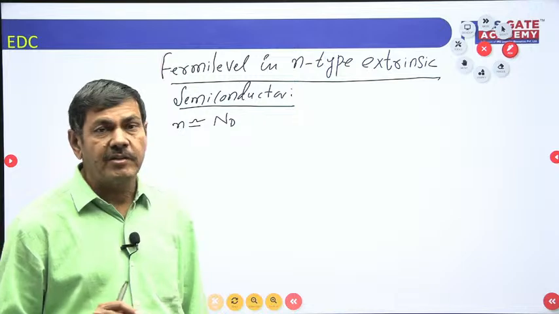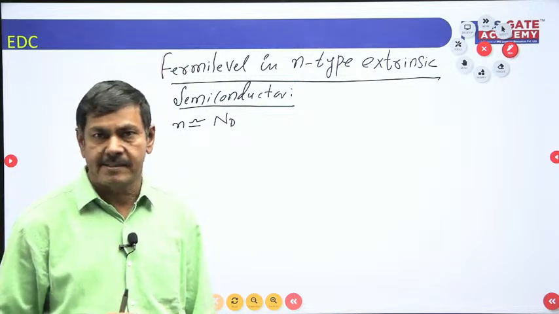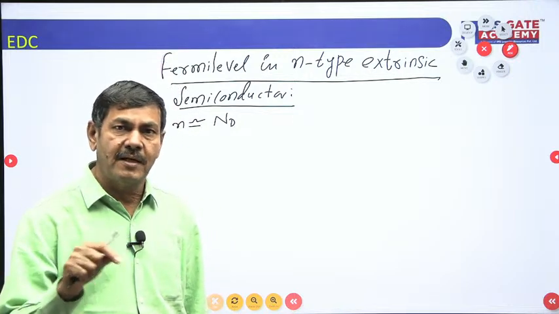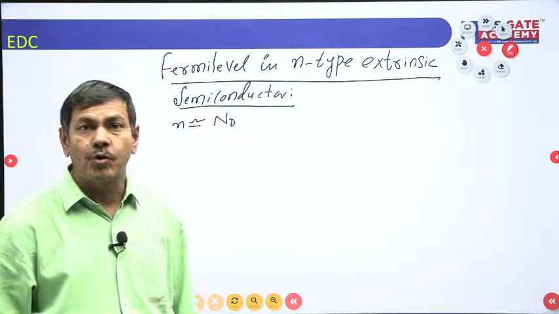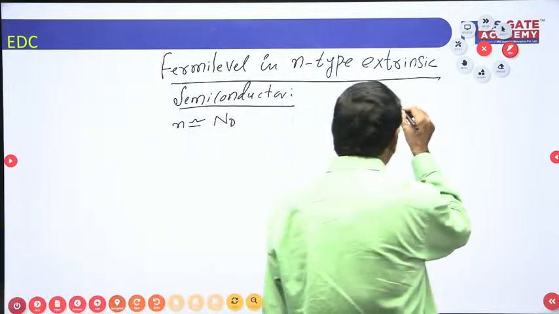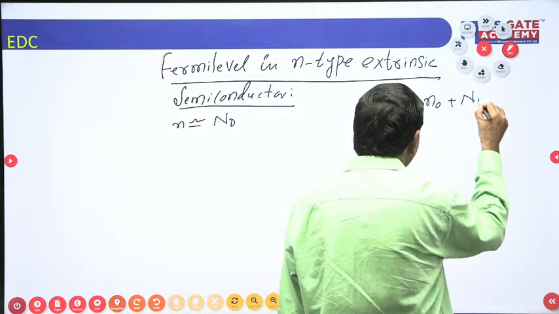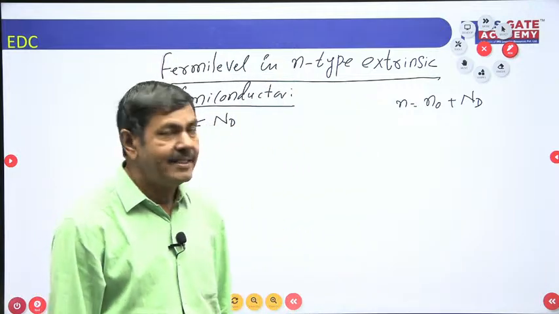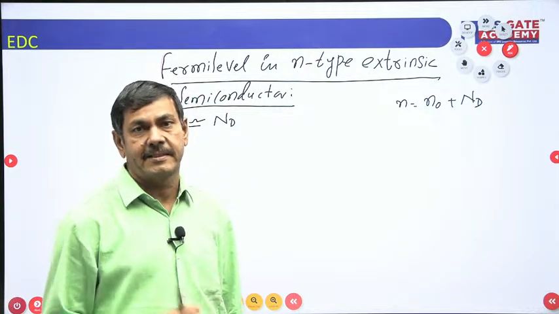Here the point you have to understand: how N is approximately equal to Nd. I said in the last class, you take intrinsic semiconductor and dope a pentavalent atom. When the pentavalent atom is doped, N equals N0 plus Nd. N0 is nothing but the initial number of electrons existing in the semiconductor.